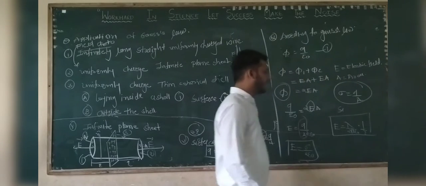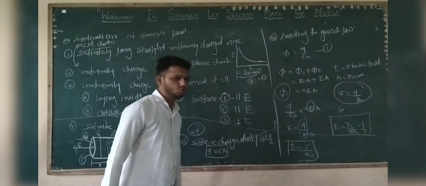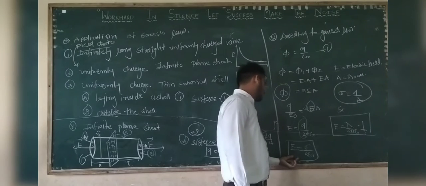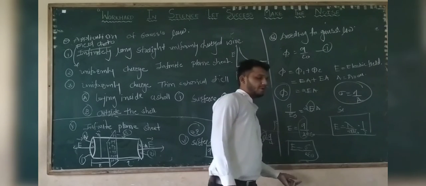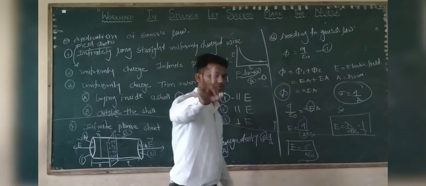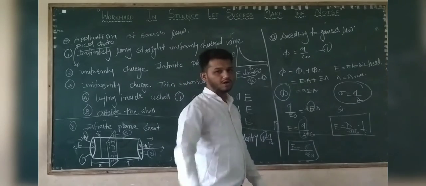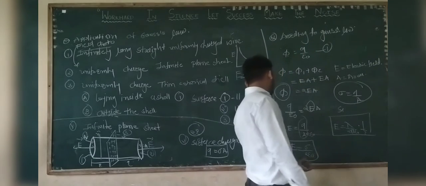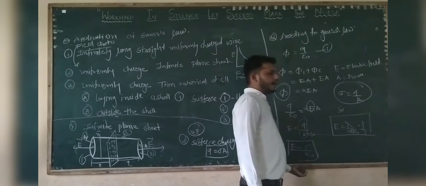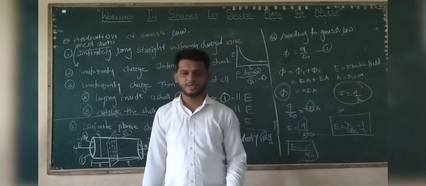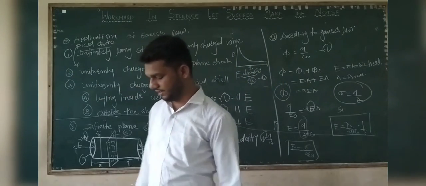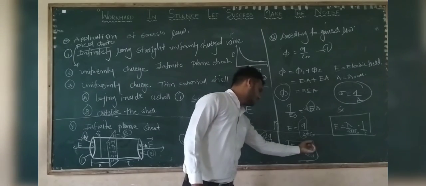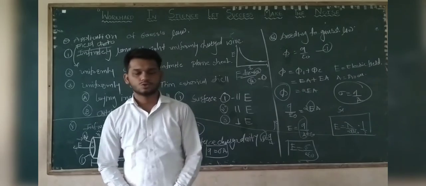But for an infinite plane sheet, it does not depend on the value of R. It depends only on sigma and epsilon 0, which are constant values. Sigma is equals to Q upon area.